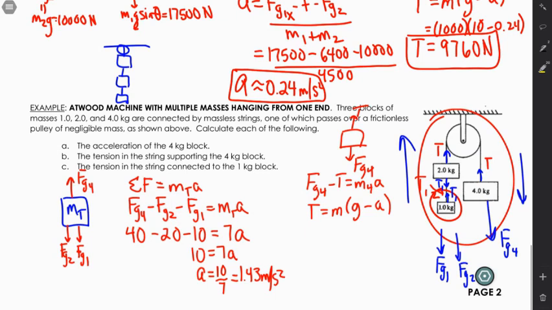Add T, subtract M4A, and I get T equals M times G minus A. And now I just plug in, right? 4 times 10 minus 1.43. And so the tension is equal to, I didn't finish this part, 34.28.